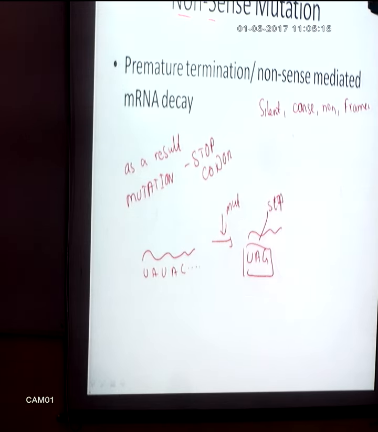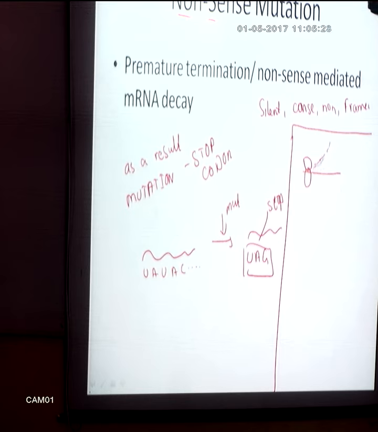So ideally, when this happens, my mRNA will sit here and keep on reading, and it will keep on producing the protein. So if there is a mutation here, it will come and say, okay, the protein is ended. So it should form the premature protein, but it will not happen.